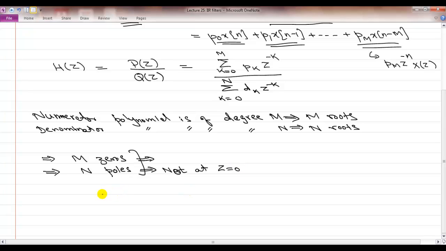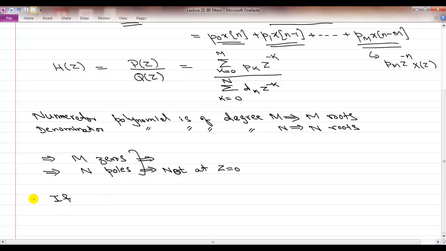Now you may have additional poles or zeros. So there are two cases, and you can find those cases by multiplying and dividing by z to the M and z to the N. We did a very simple exercise of that in our practice problem, where we multiplied and divided by z squared, for example, in lecture 21, I believe.